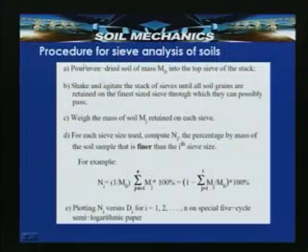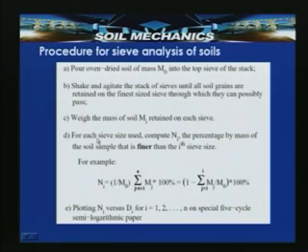So, we take oven dried soil mass M0 into the top sieve of the stack, shake and agitate the stack until all soil grains are retained on the finest size sieve through which they can possibly pass, and weigh the mass of the soil Mi retained on each sieve.